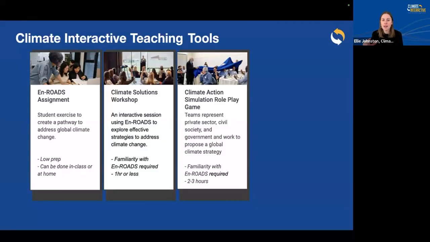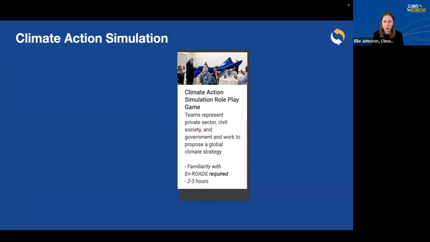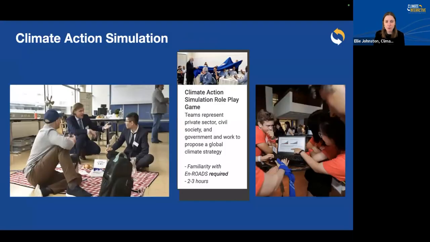And the way the climate action simulation works is that you have groups that are representing different stakeholder interests. And then they have a briefing statement that gives them some background and context on what their role is. And then they're asked to make proposals for the types of climate solutions that would best reflect the interest of their stakeholder group.